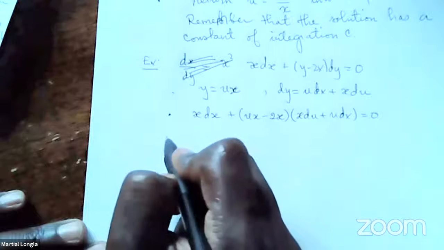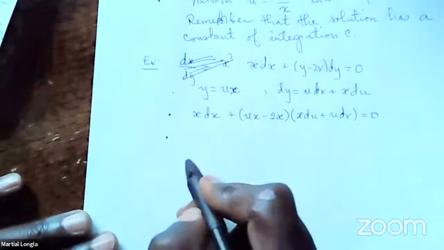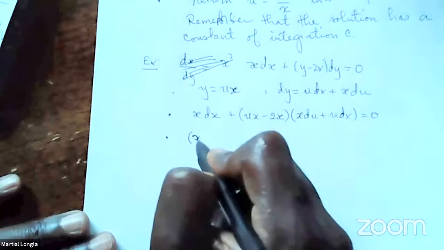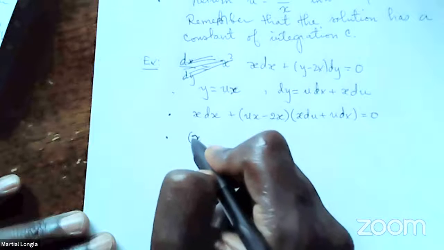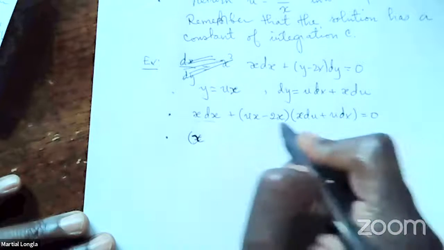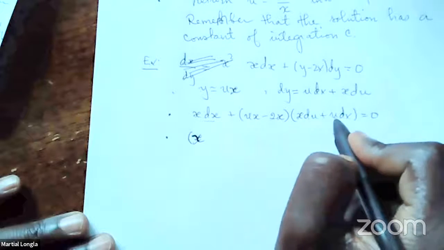And then in the next step, you solve the obtained separable equation. So you need to separate the variables here. So this is x dx, and then ux minus 2x times u dx.